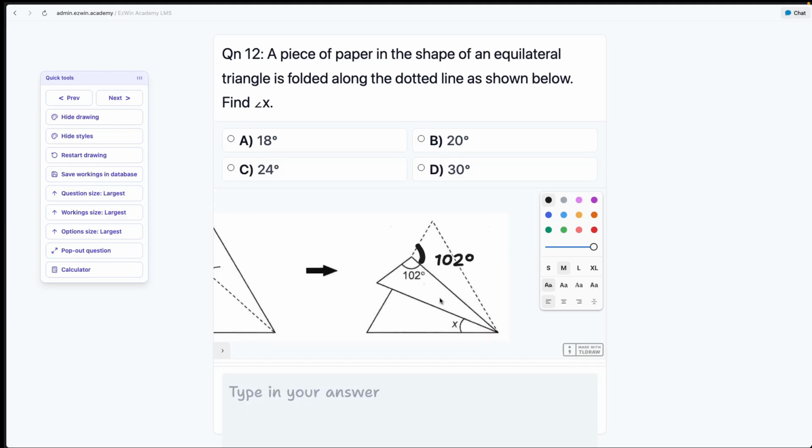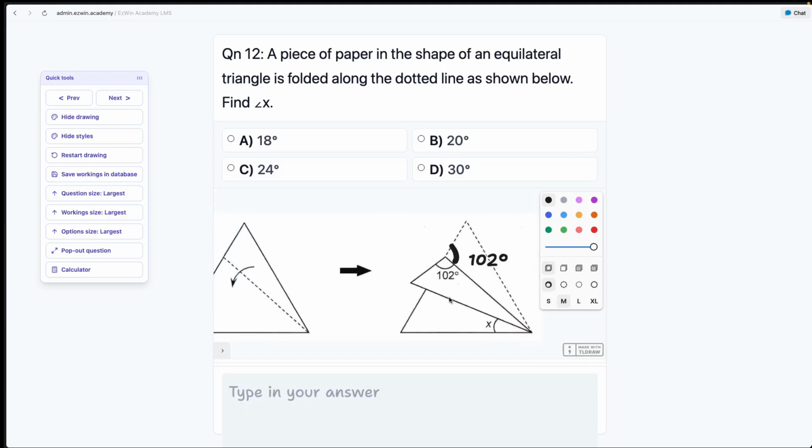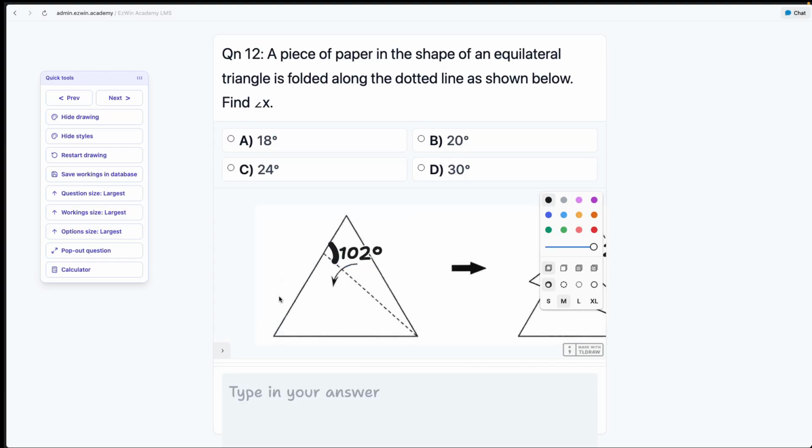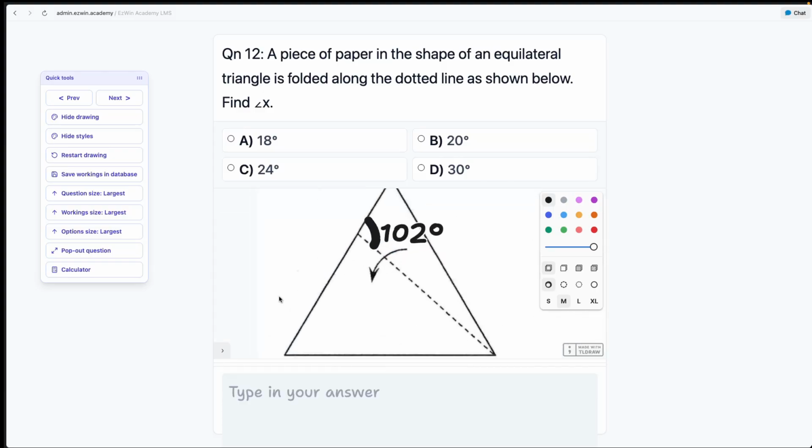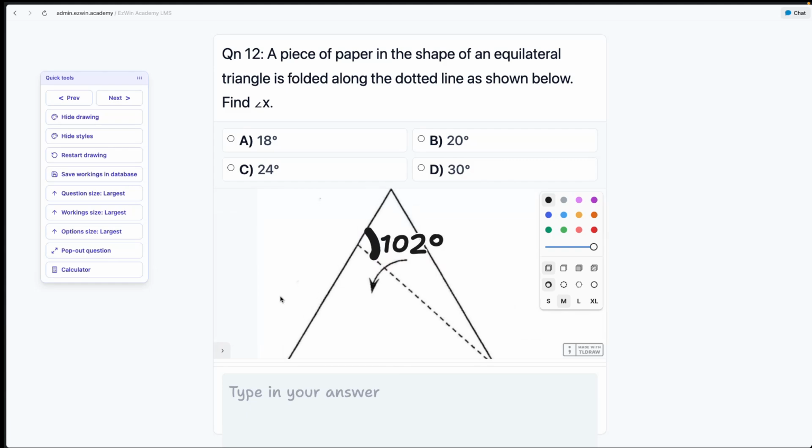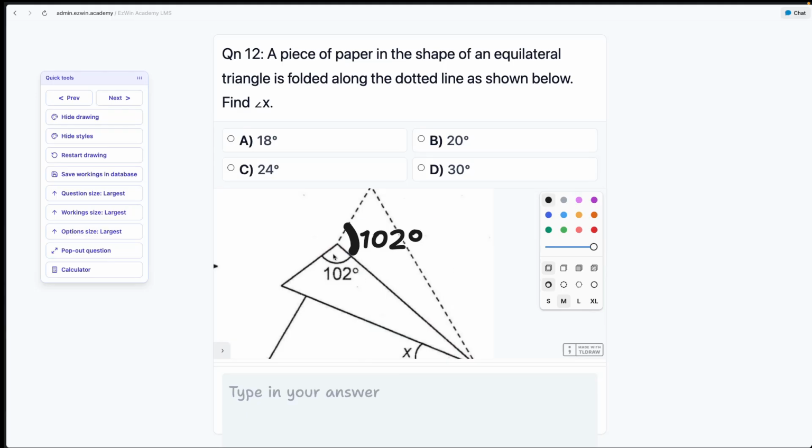So since we know this is 102 degrees, it's also the same as the unfolded part over here. So 102 degrees. Okay, so let's concentrate a bit more on this 102 degrees.